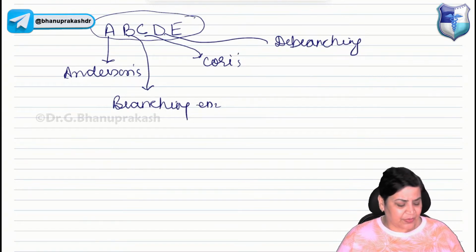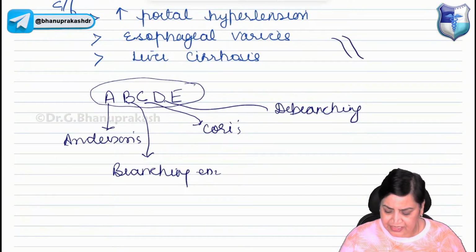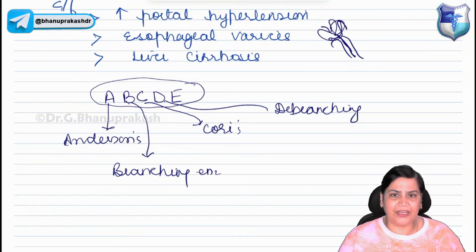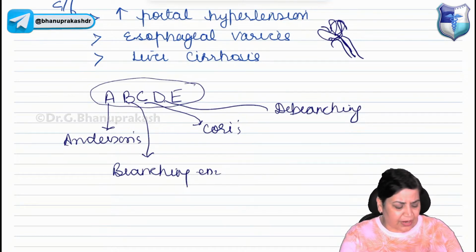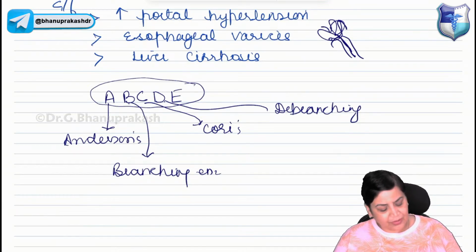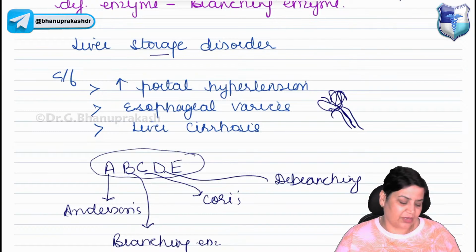And esophageal varices means, suppose this is the vein, it is exerting so much pressure, because it's like a mesh which is accumulated. So much pressure will be there that there will be bleeding, because it will try to rupture. That is esophageal varices. And there will be enlargement of the liver, because it is a liver storage disorder, so accumulation will be there, right?